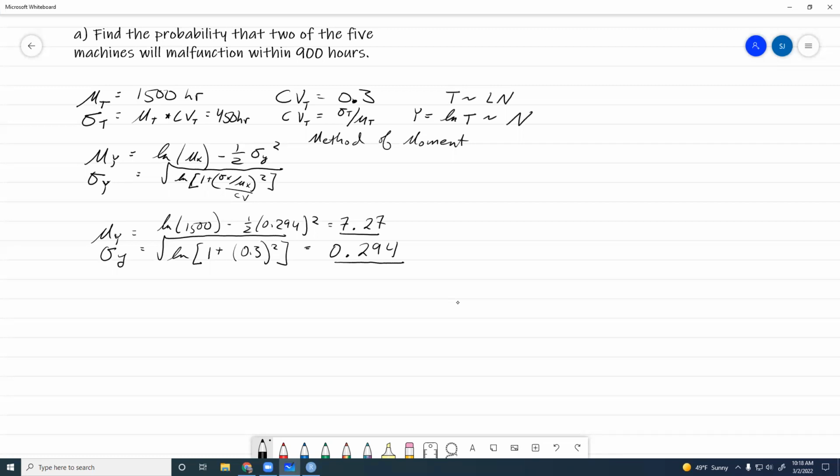So now that we have these, we can calculate the z-scores based on the relationship between normal and log-normal distributions.